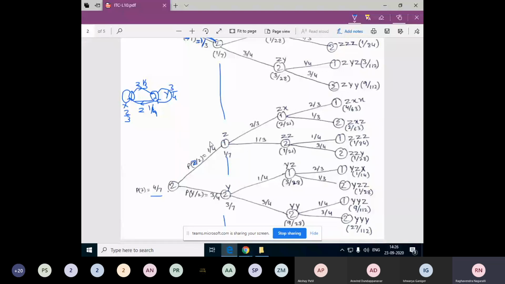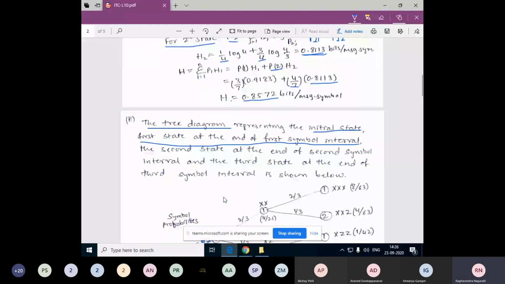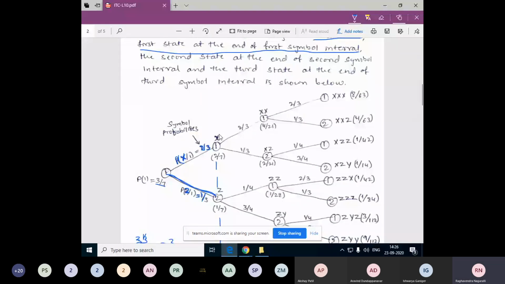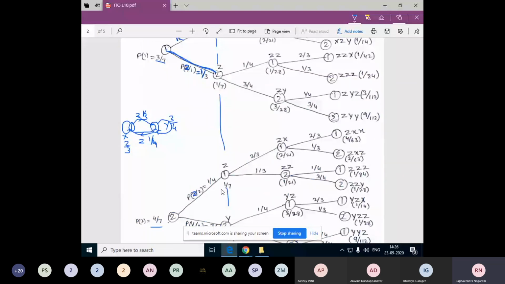Now from 2 to 2, we have another transition. The symbol emitted is Y with probability 3 by 4. So this is the first state at the end of the first symbol interval, that is, the first symbol emission by the source.